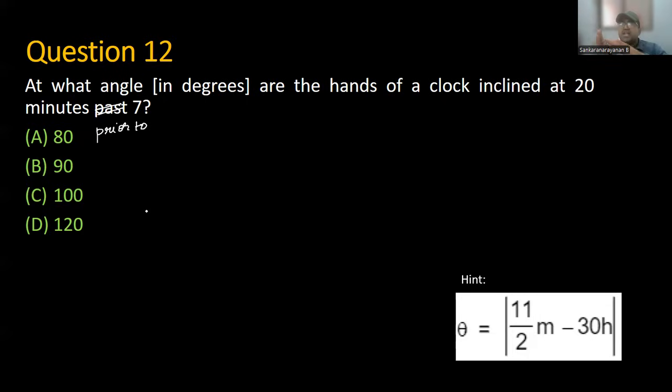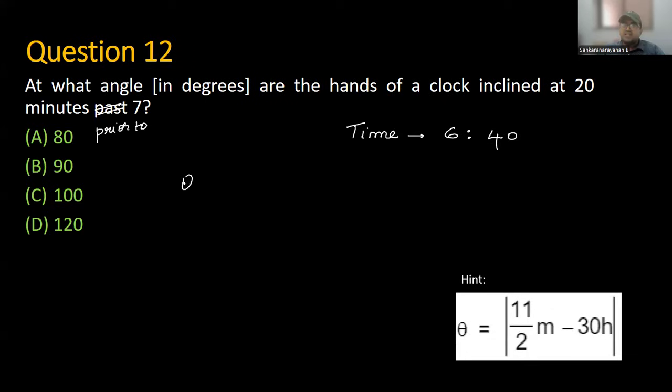So you see 20, you see 7 over there. But please read it carefully. It is 20 minutes prior to 7. 20 minutes prior to 7 means what? The time under consideration will be 6:40.